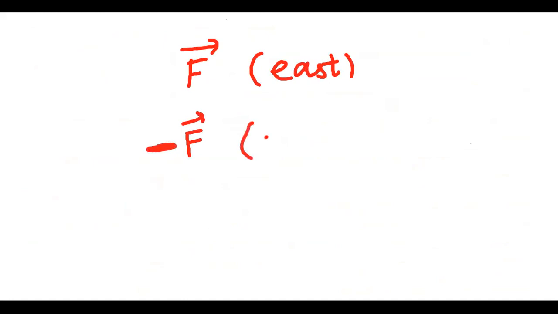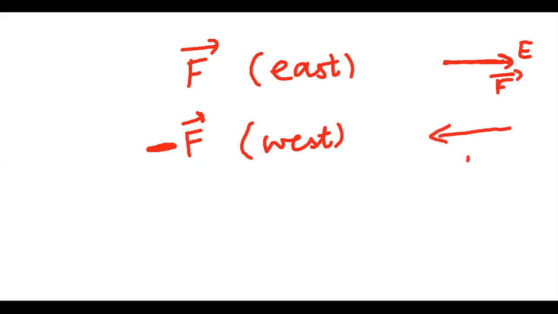So the opposite of east will be west. This means that if a force of F is being shown in an east direction, it can be said as a force of minus F applied along the west direction.